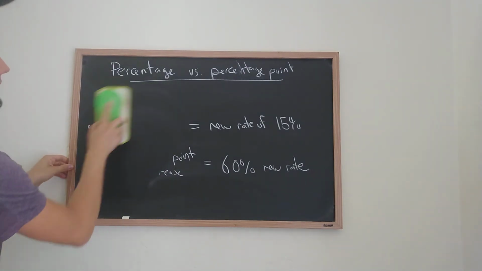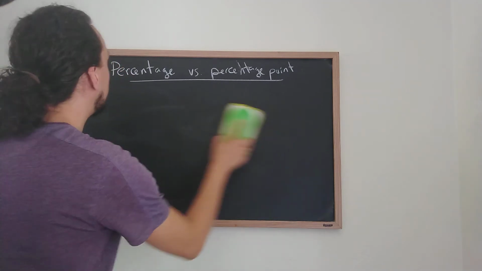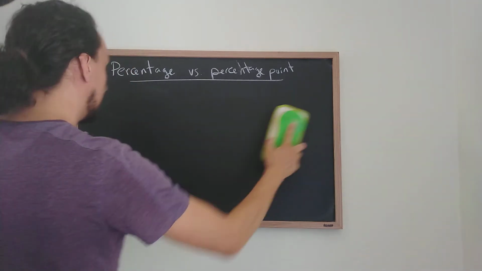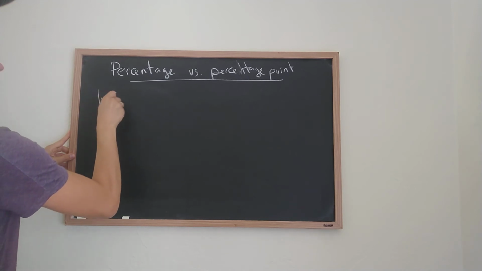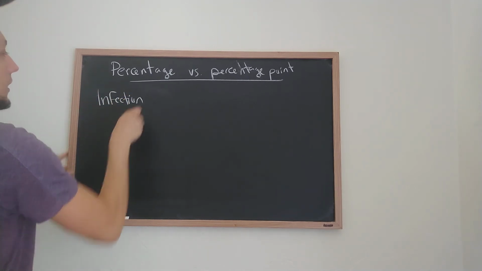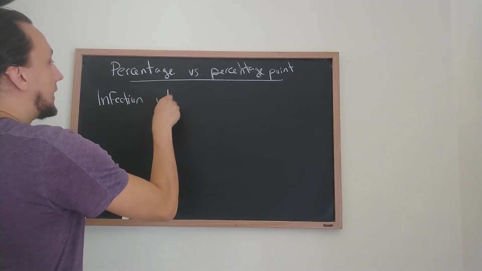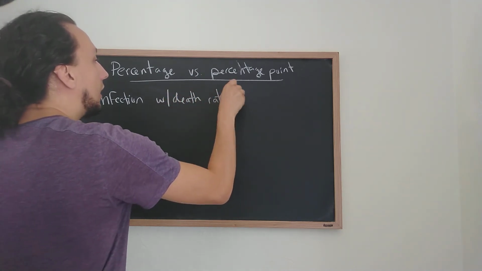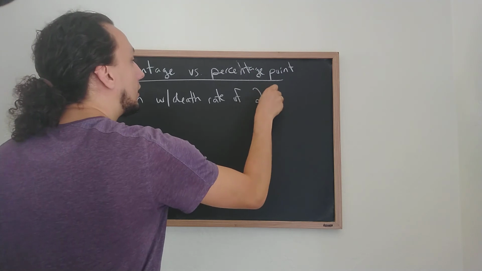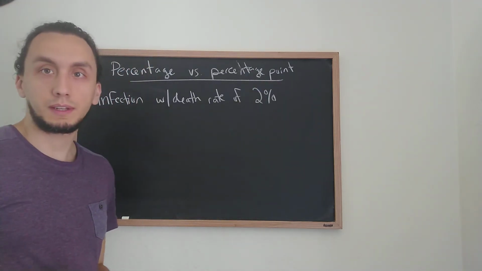So let's do one last example to make sure that we've got this. Let's suppose that there's some infection and it has a death rate of 2%.